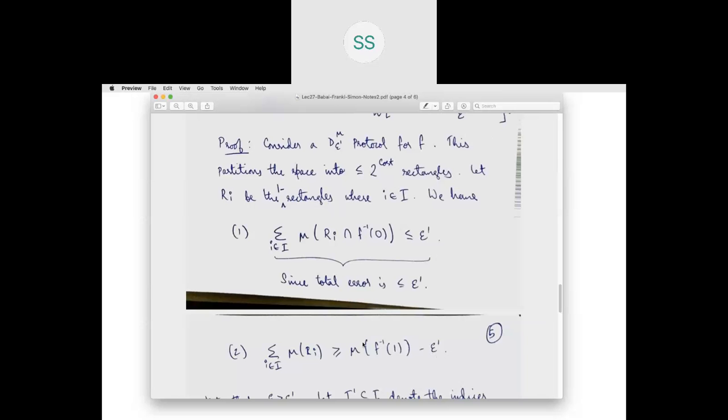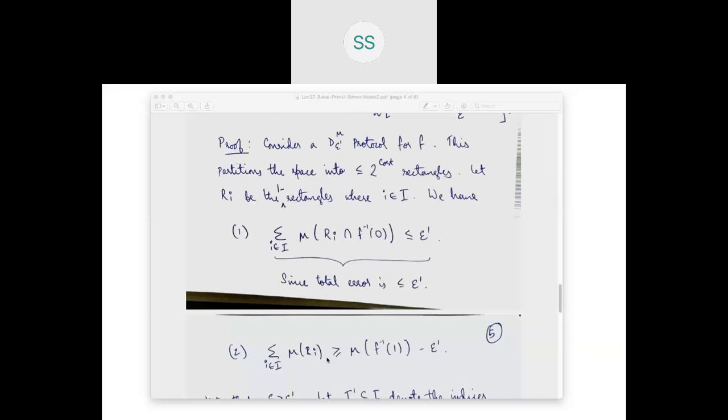So consider the total measure of ones, and subtract epsilon prime from this. The measure of the rectangles reported as 1 should be at least this. If it is smaller, that means there is a gap of more than epsilon prime between the actual ones and the reported ones. So it cannot go smaller than this.